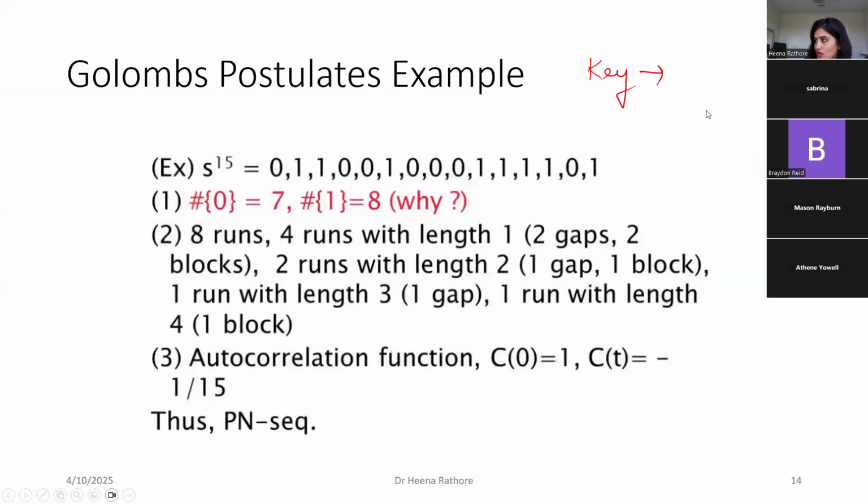Okay, what was the original string that I took? Does anyone remember? 1110010. Was it this one? Yeah. Okay. So here in this case, this is R1, this is R2, this is R3, and this is R4.